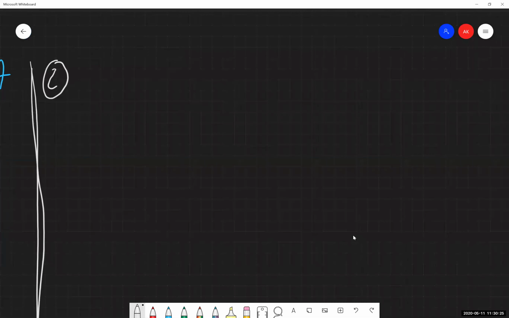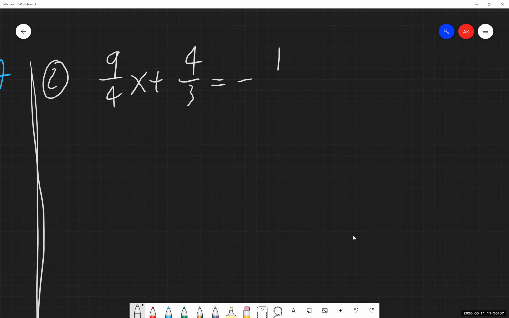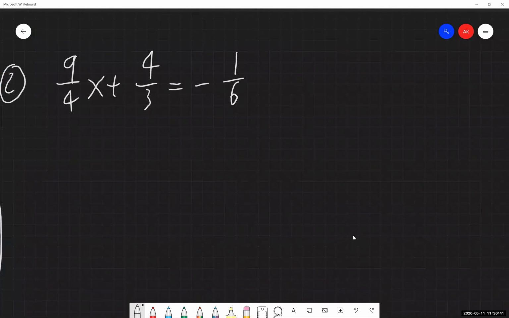So our other example, we had 9/4 x plus 4/3 equals -1 over 6. And again, our goal with this one, we're going to work this by trying to eliminate our fractions.